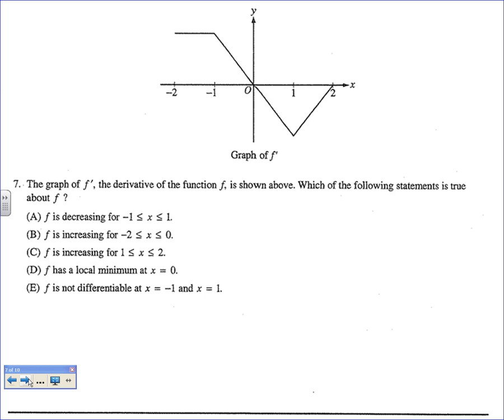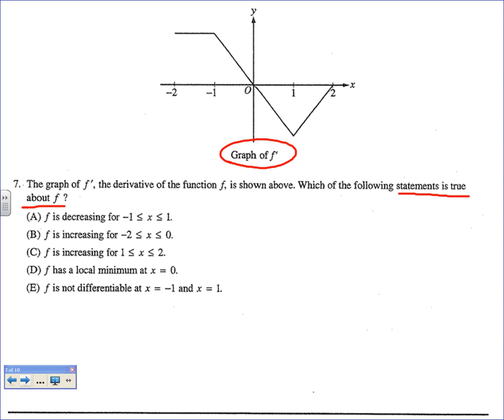On problem 7, we've got a graph to check out, and we're told that it's the derivative graph, so it's important that we grasp that. We're reminded of that, and we're asked to make some statements about the function, not about the derivative.